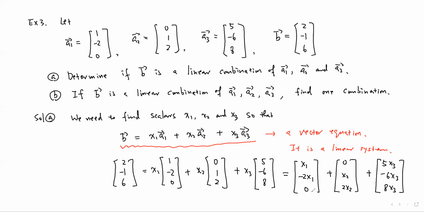Okay. Now further, here, a vector plus a vector plus a vector. How to add vectors? Add the corresponding entries.